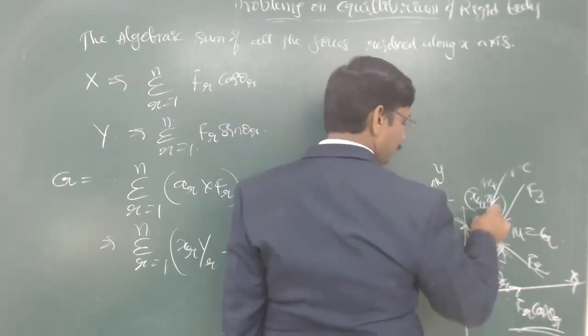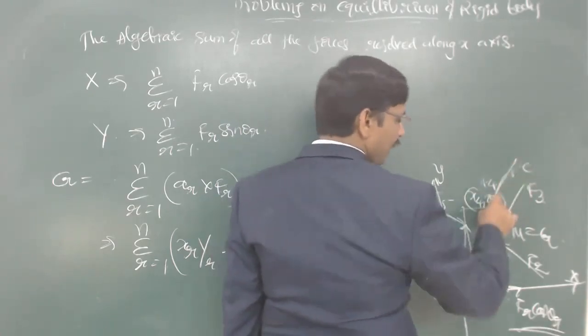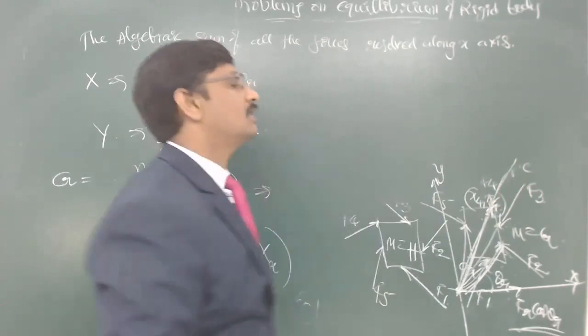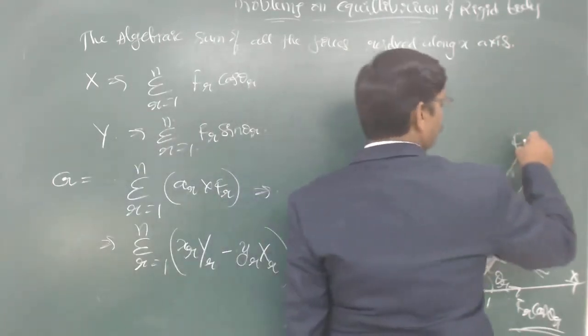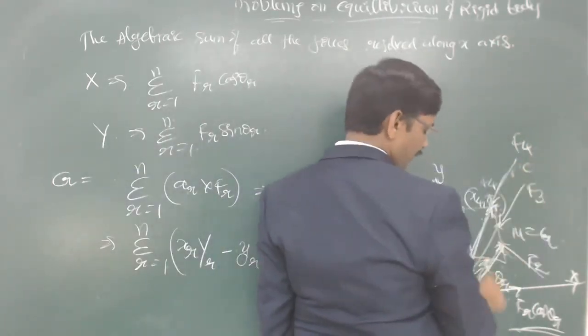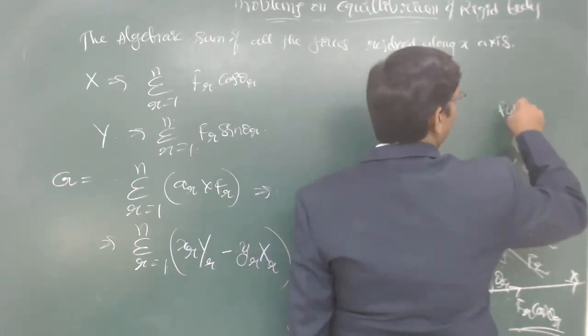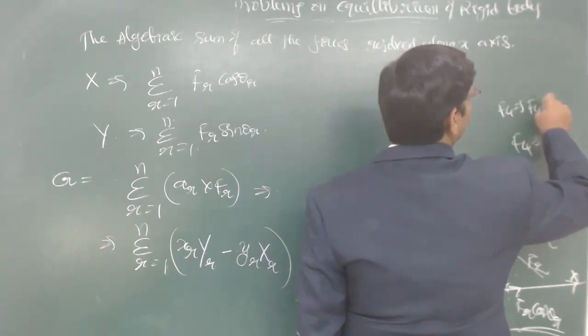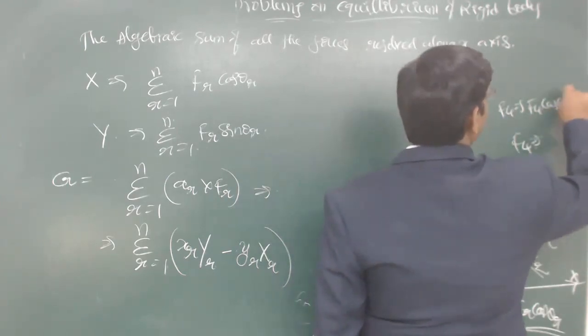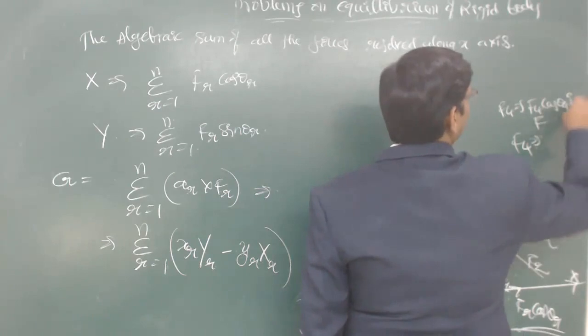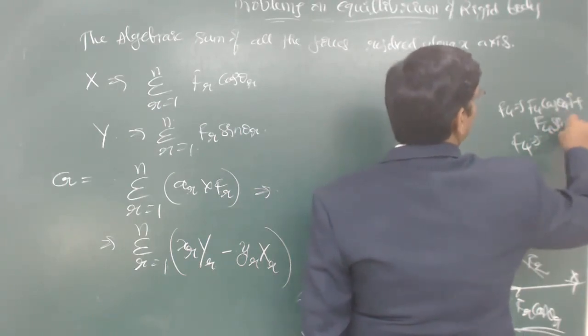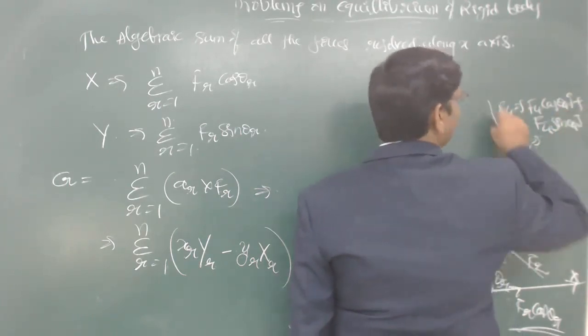So this vector is the position vector, and the force that is acting on this particular point is nothing but Fr, or F4. This F4 is making an angle of theta 4. So obviously this can be written as F4 equal to F4 cos theta 4 i plus F4 sin theta 4 j. So this is the force component.